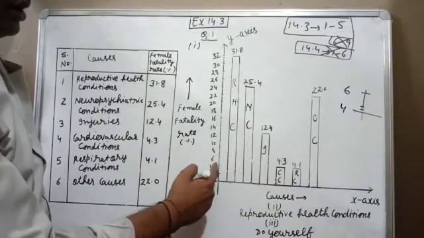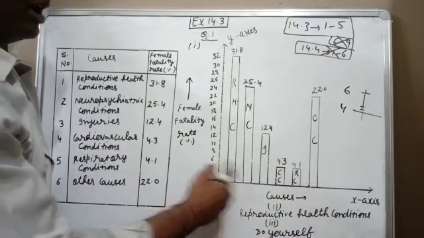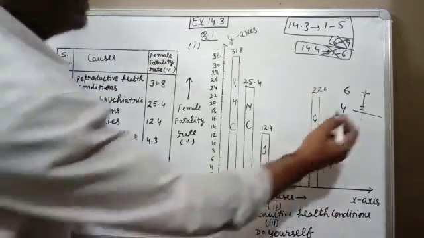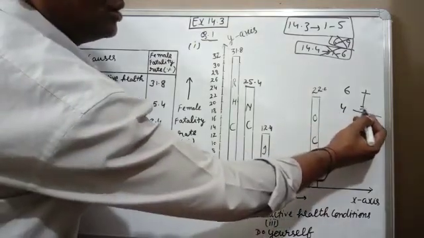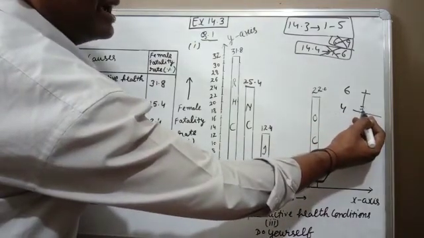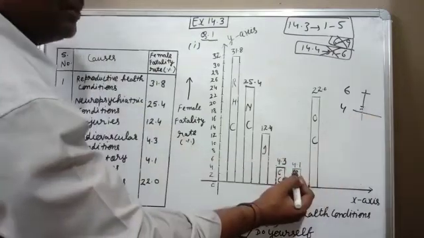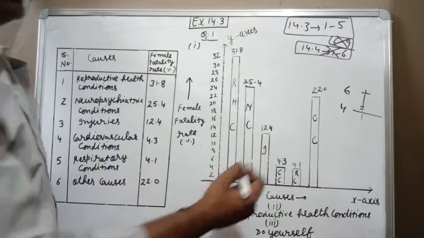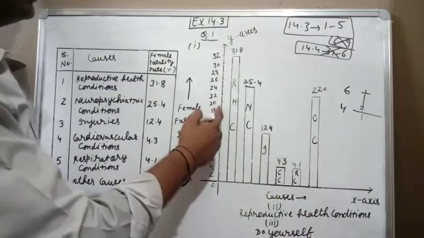Then draw the rectangle. Now 4.1: this is 4, this is 4.2, and between these two again a very narrow gap represents 4.1. So we draw the rectangle again. Then the last value is 22, which is very easy to find.